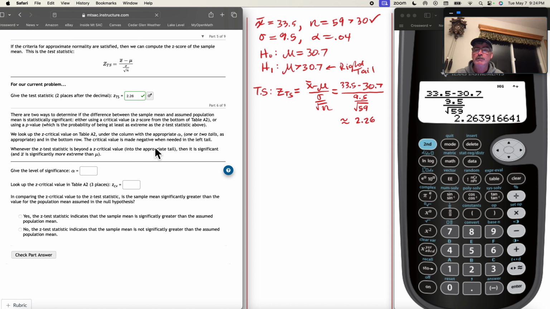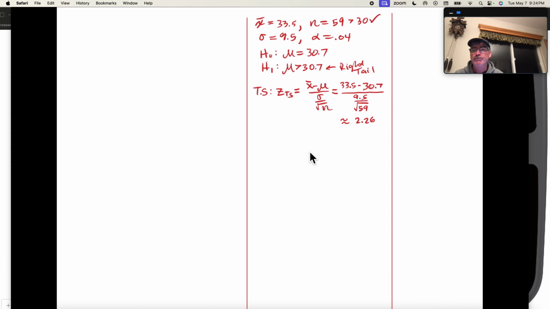Next, we're going to do a critical value, which will determine if this is statistically significant. You need your level of significance here. It's 4%. So for alpha, I'll go ahead and put in a 0.04. And then we're going to have to look up that critical value in table A2. Okay, so again, 0.04, it's a right-tailed, but a one-tailed test with a 0.04 alpha. So we'll just slide up here.